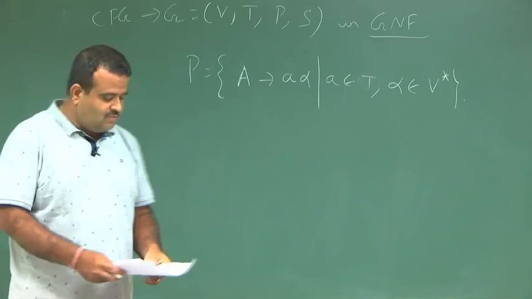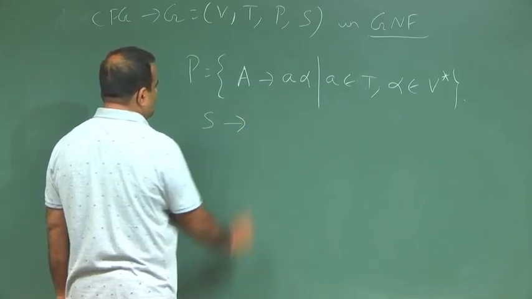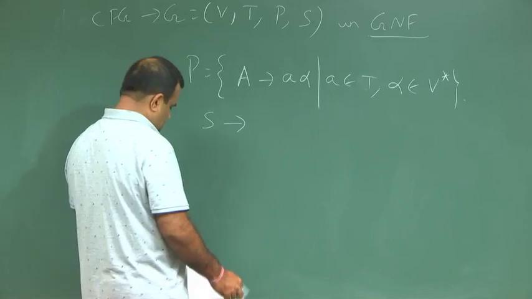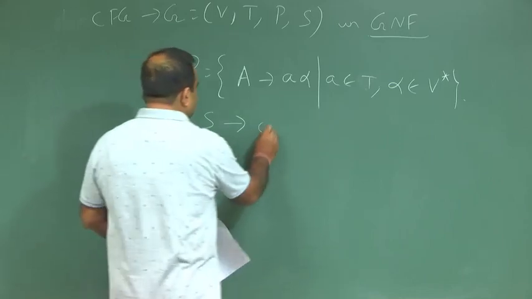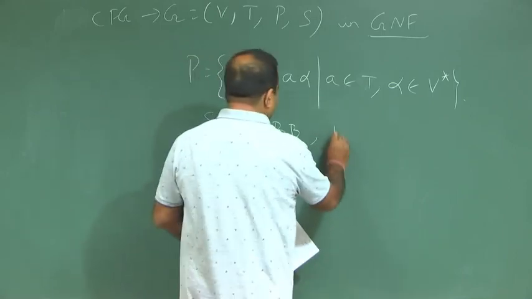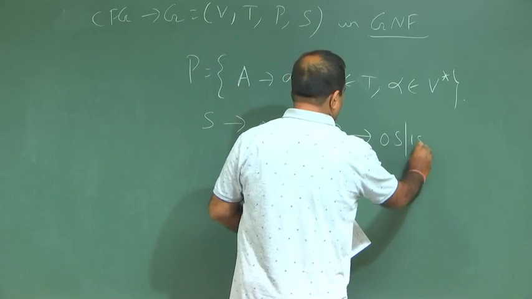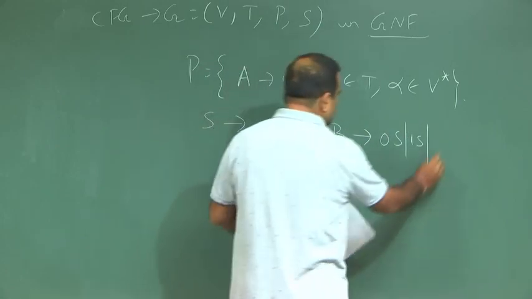For example, S goes to 0BB and B goes to 0S1S or 0.